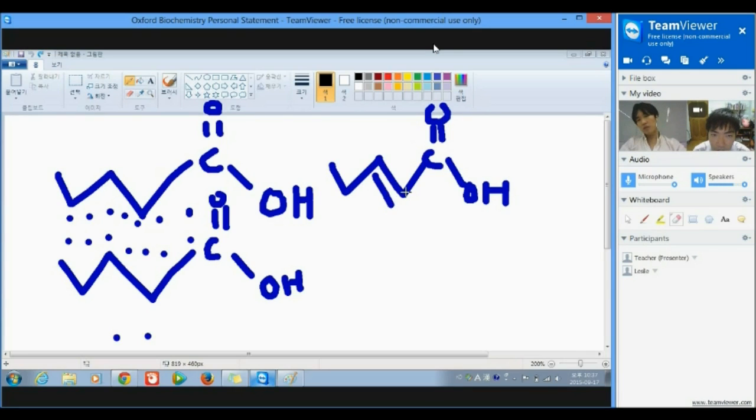Right, this is a trans bond I've drawn, right? But what if I draw a cis? I'm going to draw a cis bond.